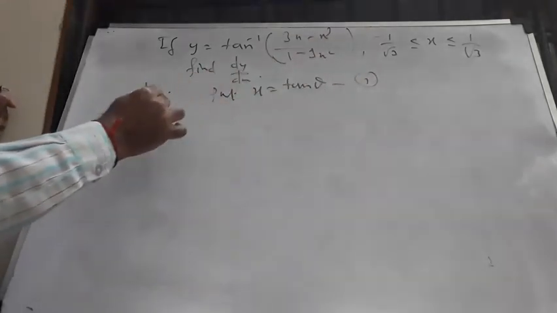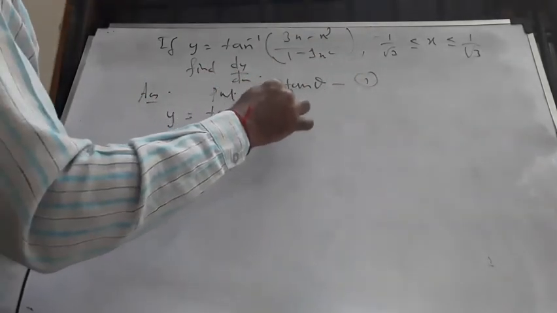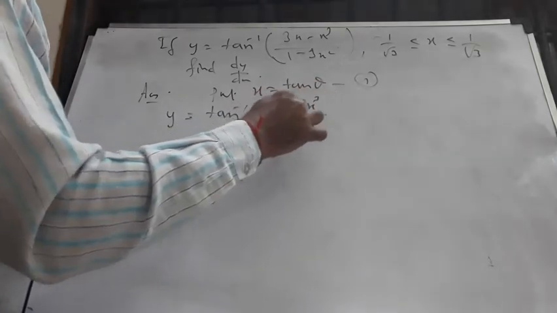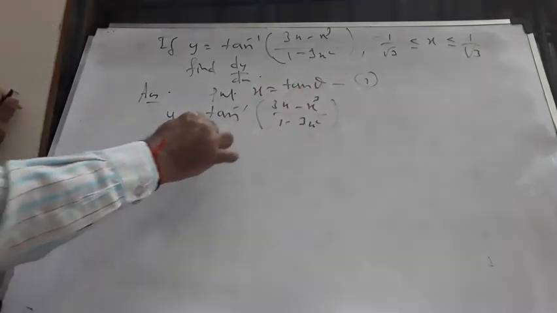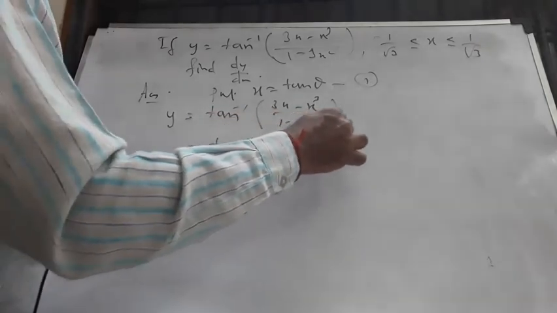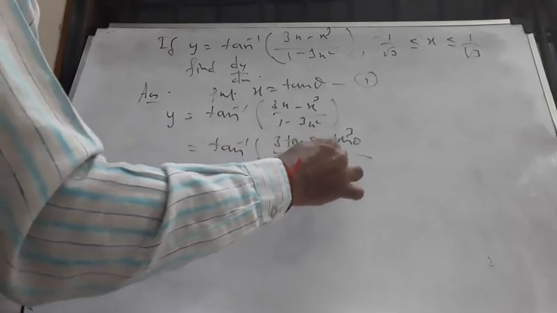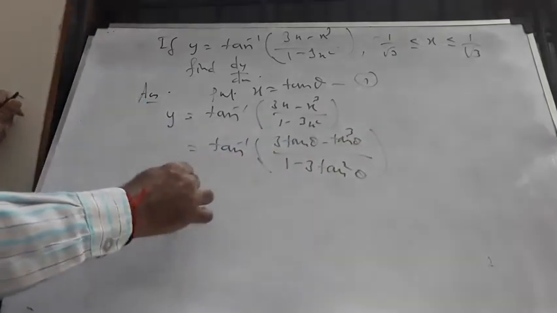Let this be 1. Therefore, y becomes tan inverse of 3x minus x cube by 1 minus 3x square, which is equal to tan inverse of 3 tan theta minus tan cube theta divided by 1 minus 3 tan square theta.